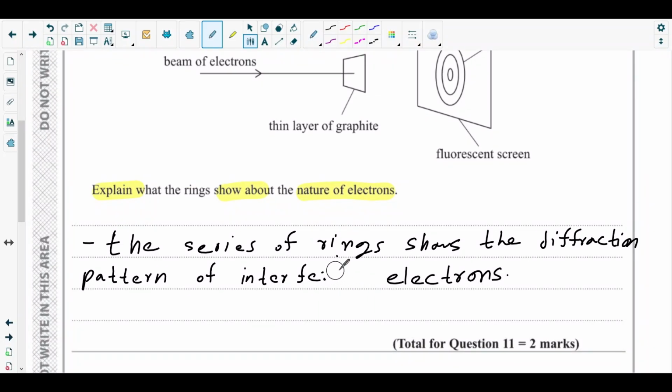Or you can say diffraction pattern of electrons, that would be more perfect. Diffraction pattern of electrons.